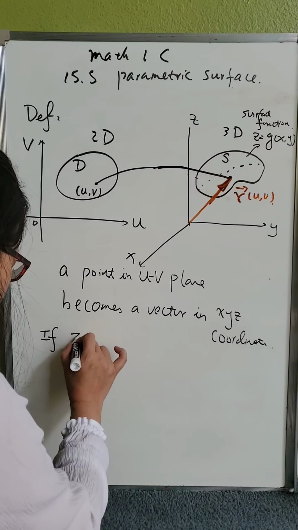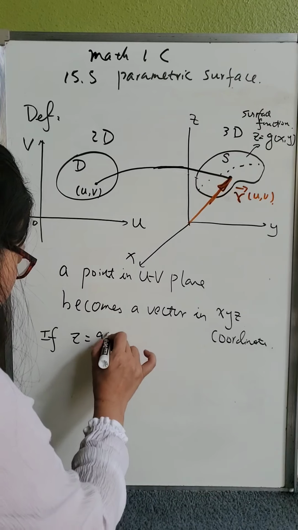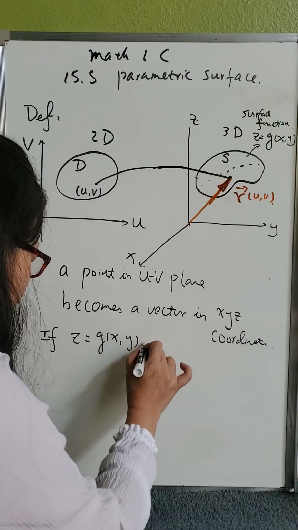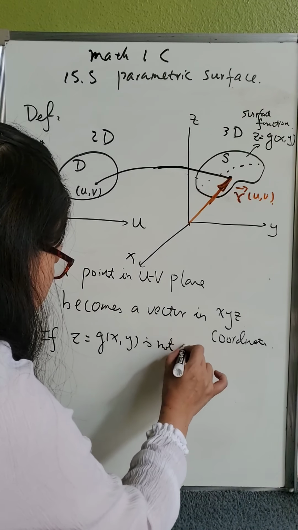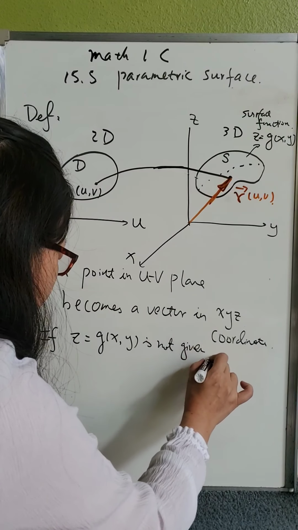And if z equal to g(x, y) is not given to you, that will be a problem.